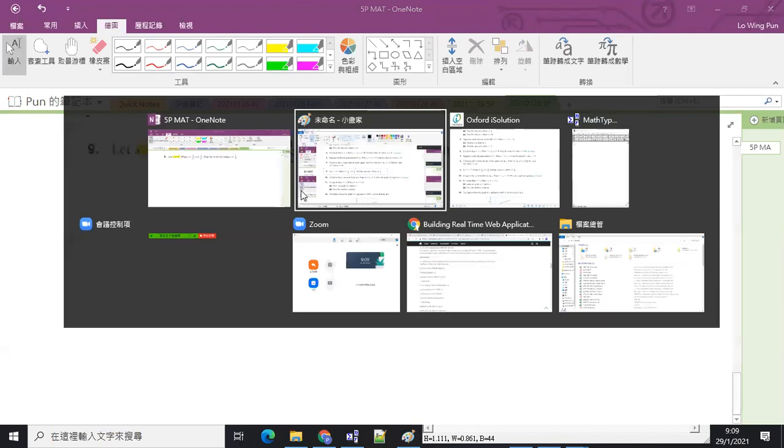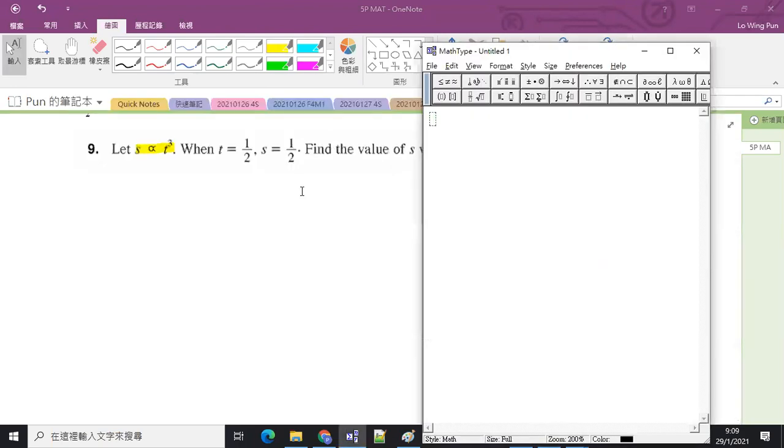But it exactly means S varies directly as T cube. So we just let S be equal to K times T cube, where K is not equal to 0. And you have a pair of numbers given. When T is equal to 1 over 2, S is equal to 1 over 2. So we just put T equals 1 over 2 and S equals 1 over 2 into your equation.